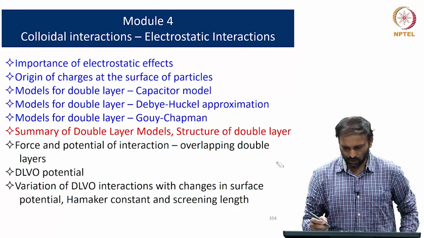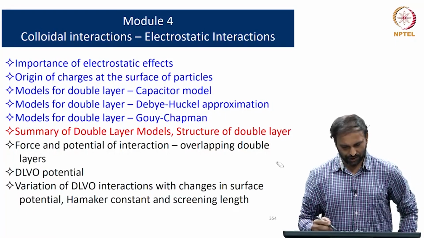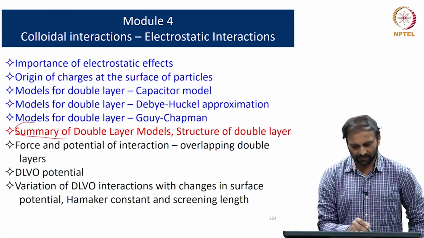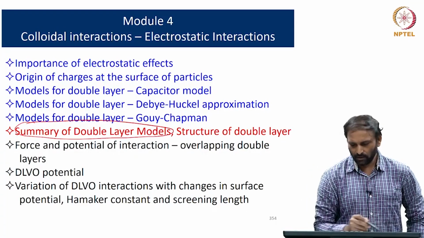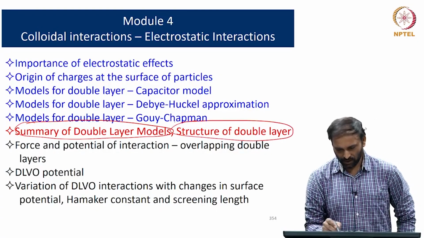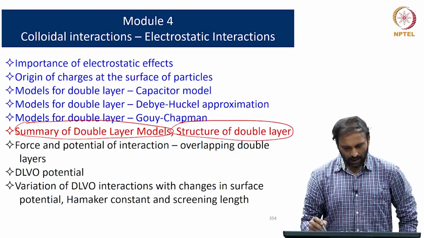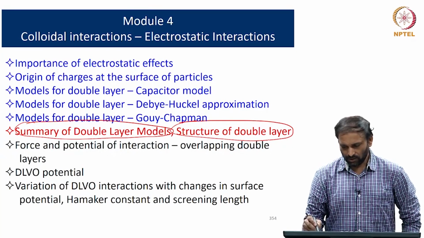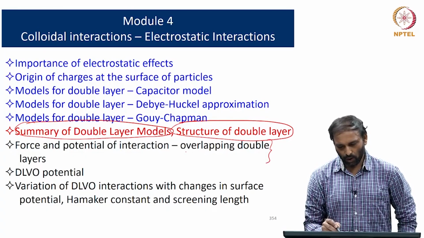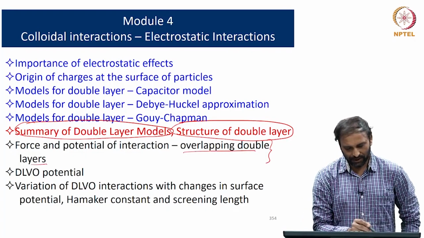Okay, so in today's lecture, we'll start with discussing the summary of electrical double layer models, followed by the structure of the double layer, and then we will move on to think about what happens when there is overlap of the double layers.